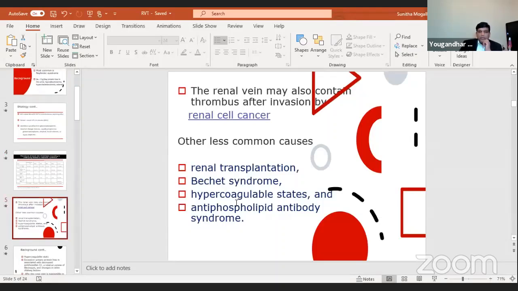Like I mentioned before, renal cell cancer is the most common tumor that can present with renal vein thrombosis. The other common causes will be renal transplantation and hypercoagulable states like lupus, which is one of the most common causes of renal vein thrombosis, and antiphospholipid antibody syndrome.